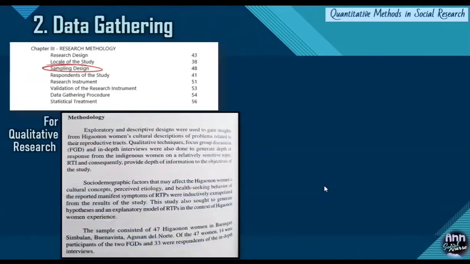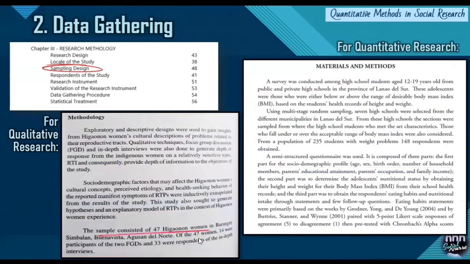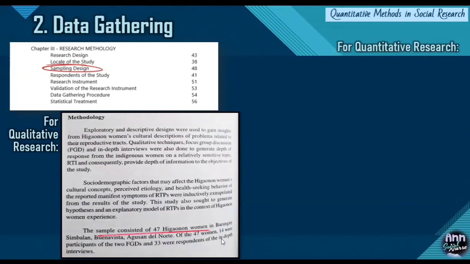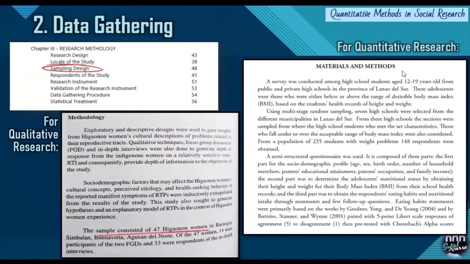Now, the sampling design for the qualitative research: of these 47 women, 14 were participants of the 2 focus group discussions and 33 for the in-depth interviews. That's the qualitative part. For the quantitative, materials and methods used multi-stage random sampling with 148 respondents.